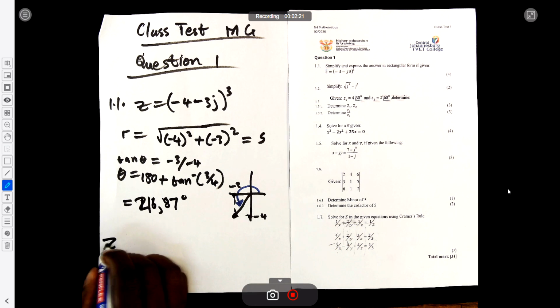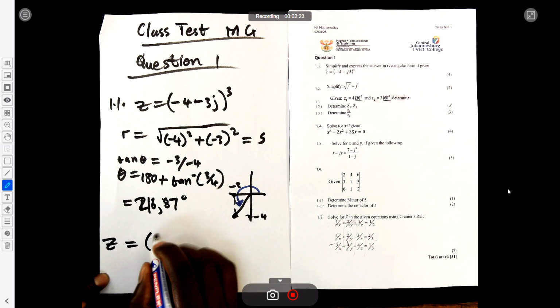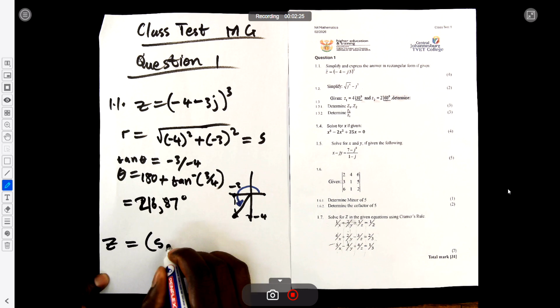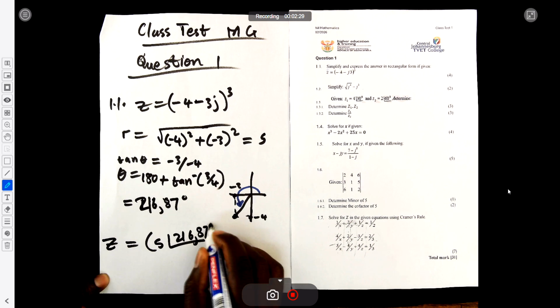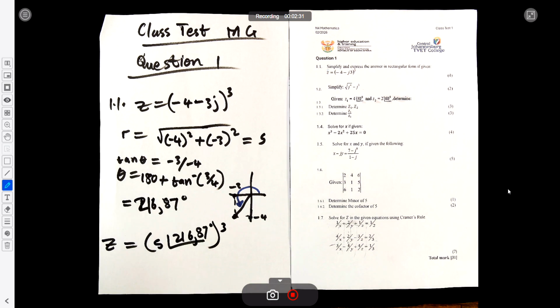Now we have converted our complex number into polar form: our modulus 5 and argument theta 216.87 degrees, all to the power of what? To the power of 3, isn't it?